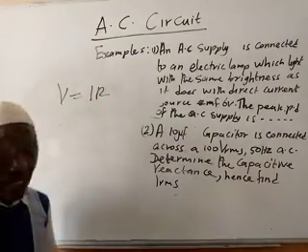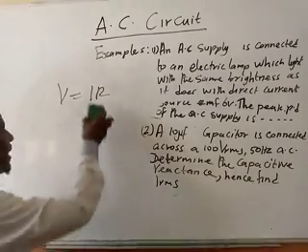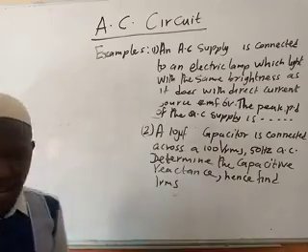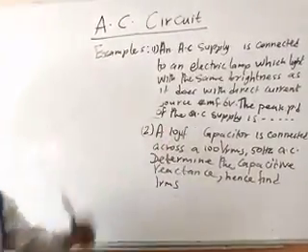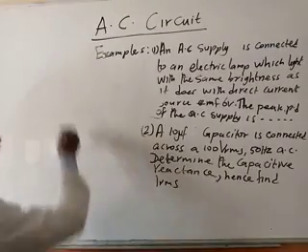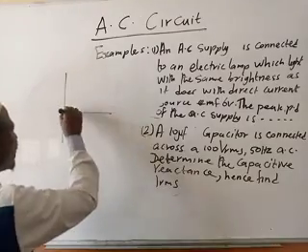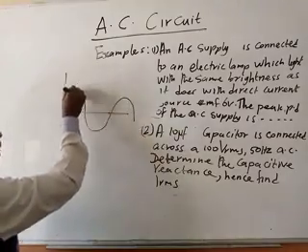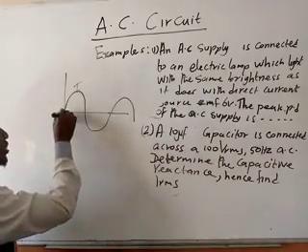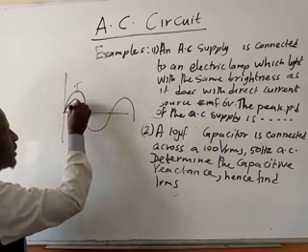I said they are going to be in phase. It means that when the voltage reaches its maximum, that is the peak value, the current also will reach its peak value. In that case, we have the waveform like this. If this is the current, the voltage also will be something like this.